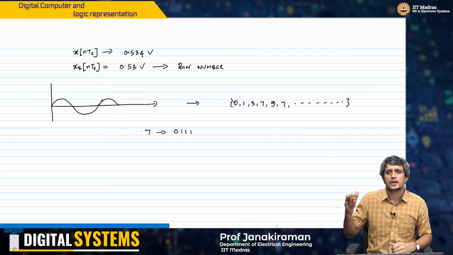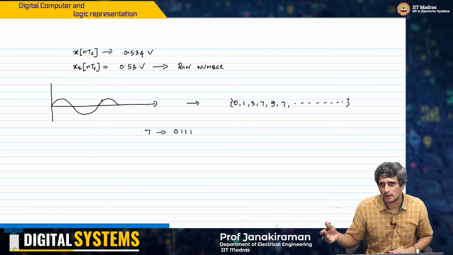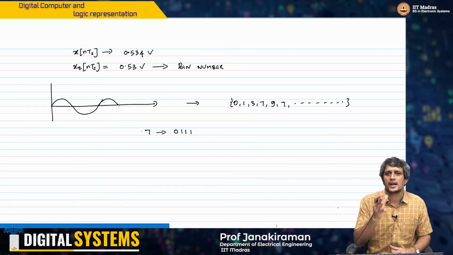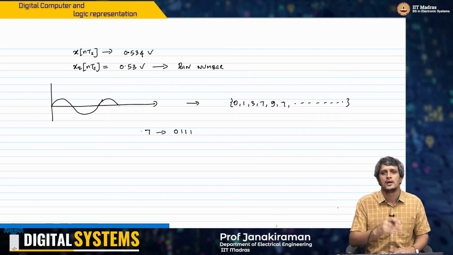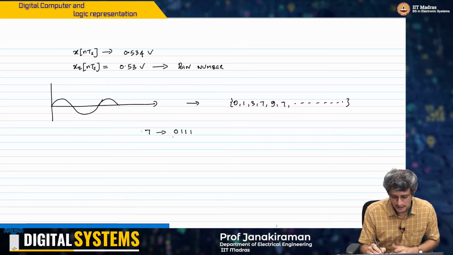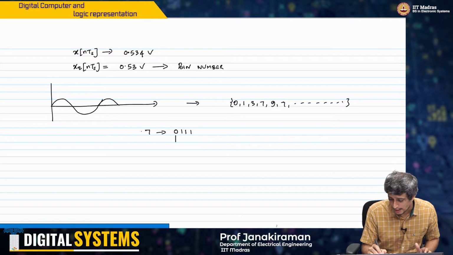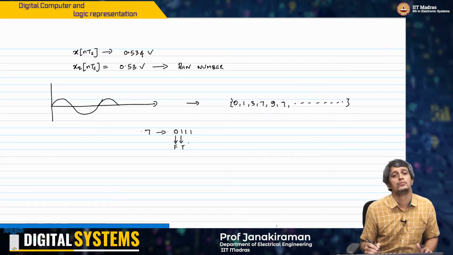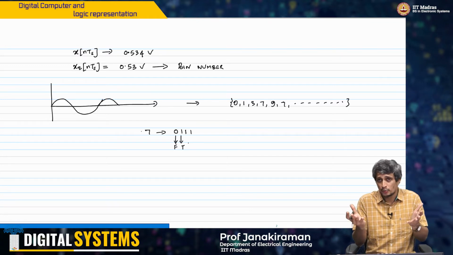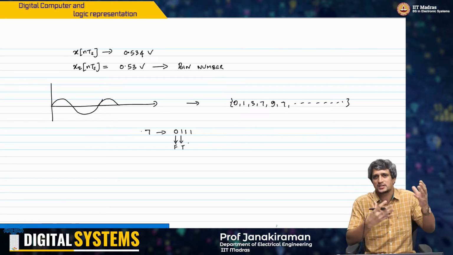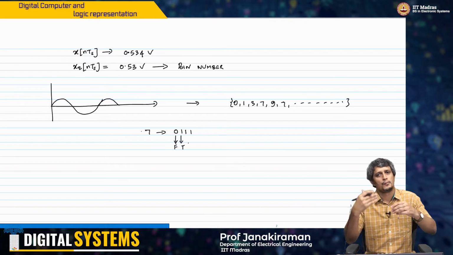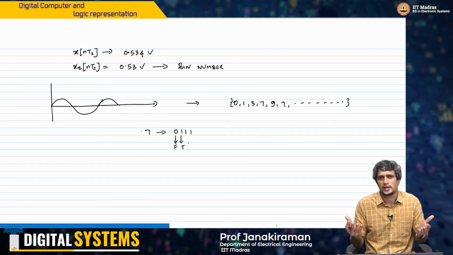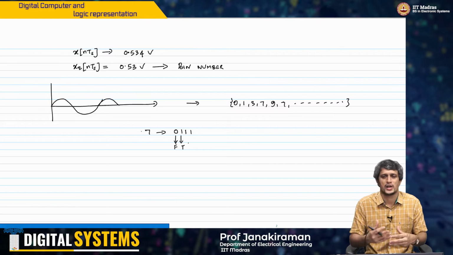But the digital computer does not understand these representations, the 0, 1, true, false. For example, if I were to do logic operations, I could replace 0 by false and 1 by true. Humans can process this, you can call it true, false, +5, -5, anything.